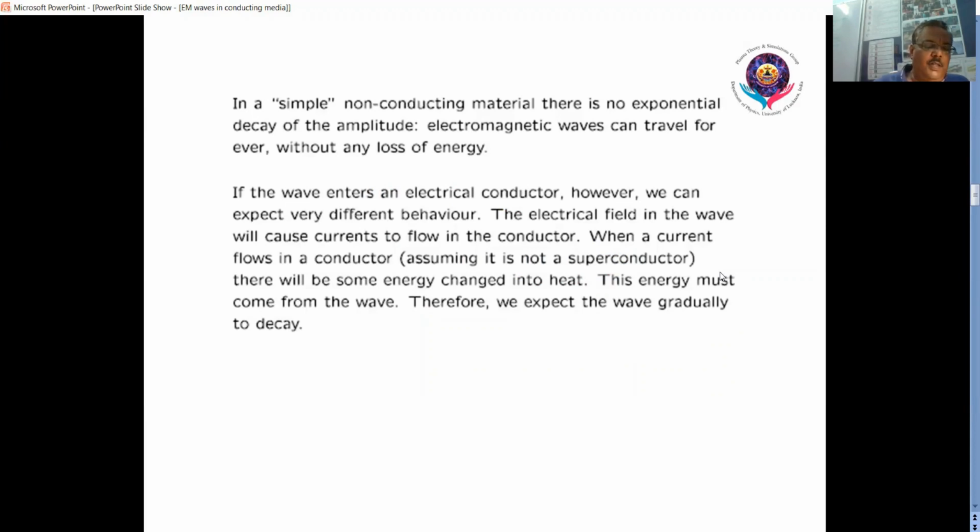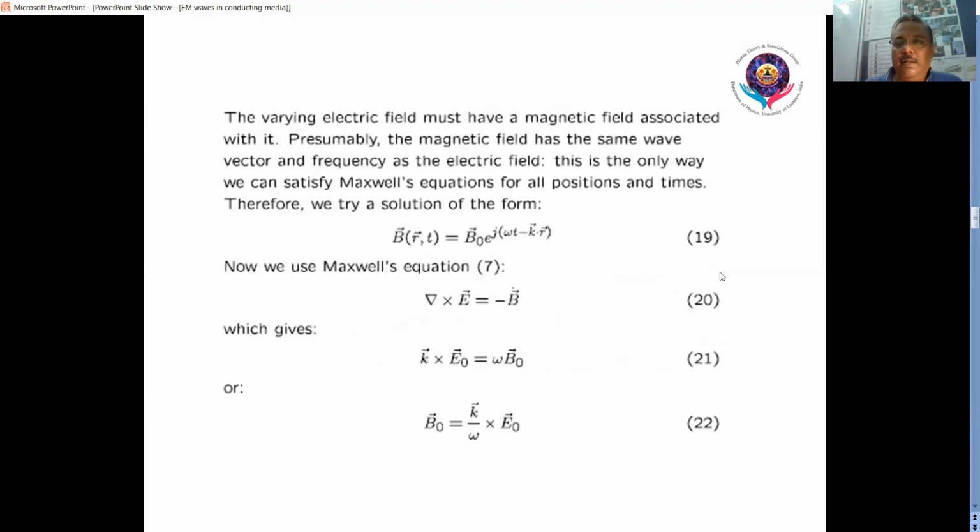In a simple non-conducting medium, like we discussed in a previous class, there was no decay as such. But in the conducting medium, the wave will decay, and the length up to which it can penetrate, decaying up to a certain ratio of the incident wave, we will discuss in the next lecture.